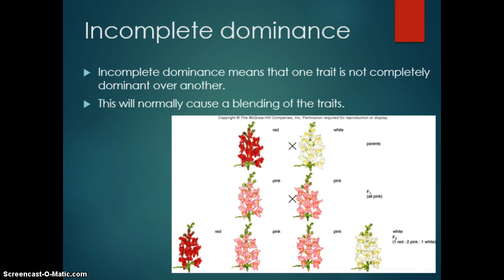Incomplete dominance means that one trait is not completely dominant over another. So what's going to happen is there's going to be a blending of traits. If we were to cross a red flower with a white flower, we'd actually get pink flowers, because the red is not completely dominant over the white.